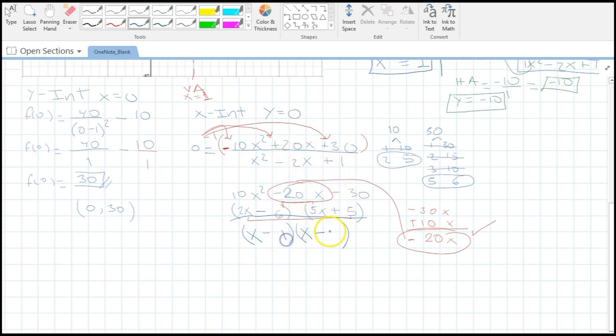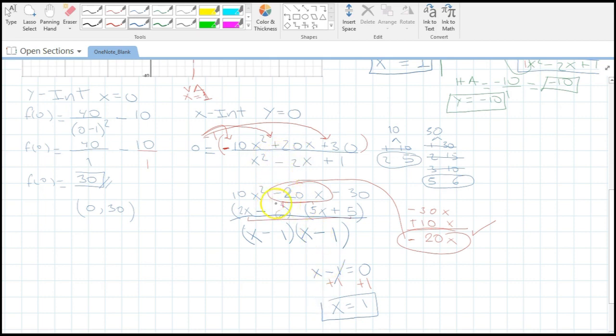Factors of 1 are going to be 1 and 1. The two parentheses are exactly the same, so I don't need to do much. Just set one of them equal to 0, and I'm going to add 1 to each side of the equal sign. This is going to cancel. Now I have x equals 1.